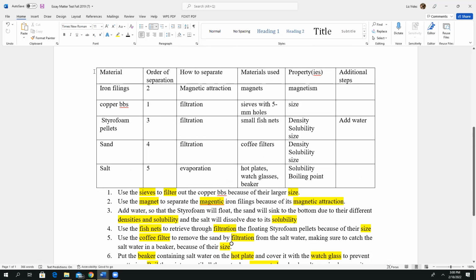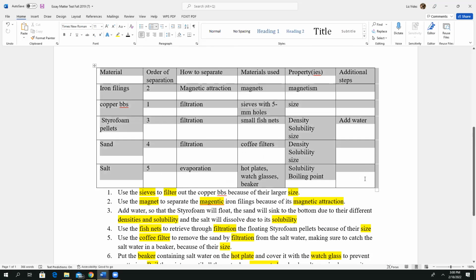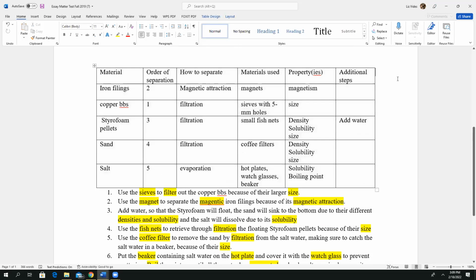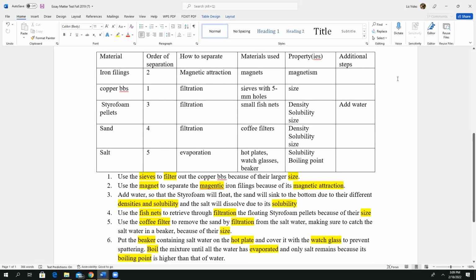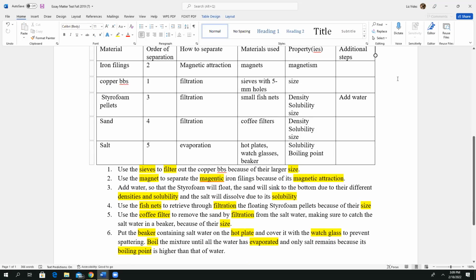If you didn't do this part at all, and only did this, then that's okay too, because this is just a planning stage. That's why I put it there, because it helps you write it. Once you start writing it, you see how I did it really fast, because it's all right here. So that's like your planning, your separation plan.